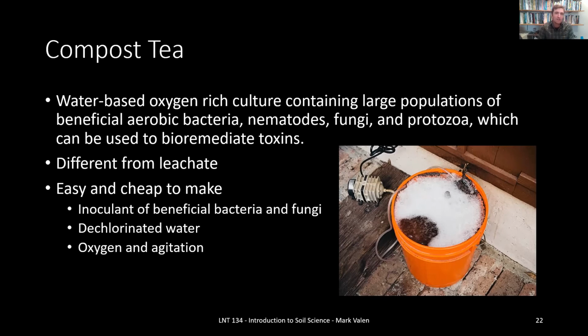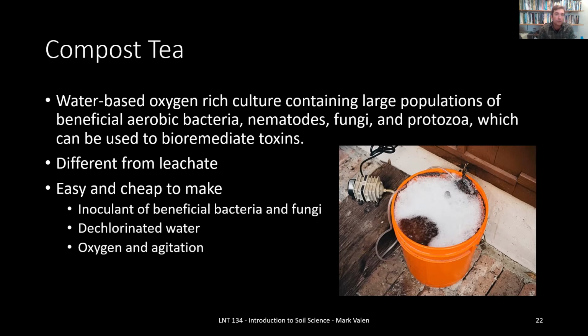That liquid that collects at the bottom is known as leachate. That's usually anaerobic. And while there may be valuable minerals there, you often want to dilute that product if you ever use it, because it can contain harmful pathogens and even some alcohol material that is not going to be helpful to plants. The difference with compost tea is it's actively aerated.